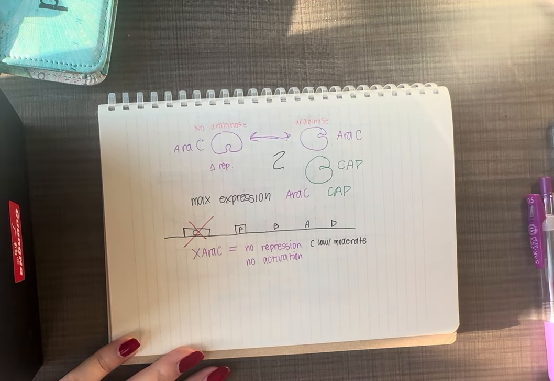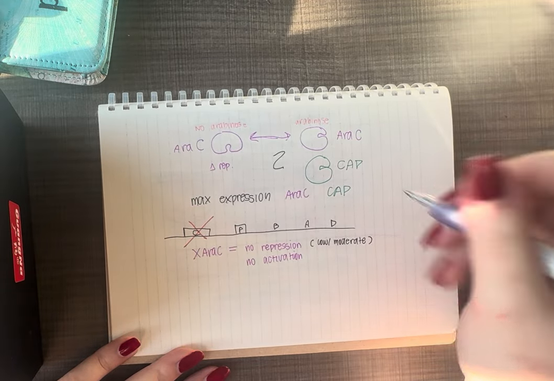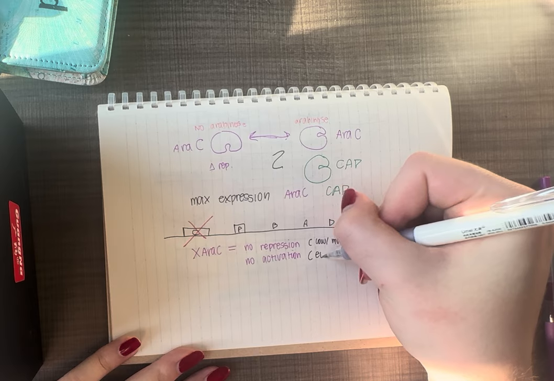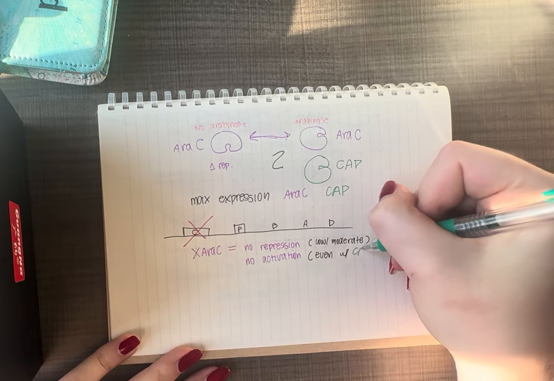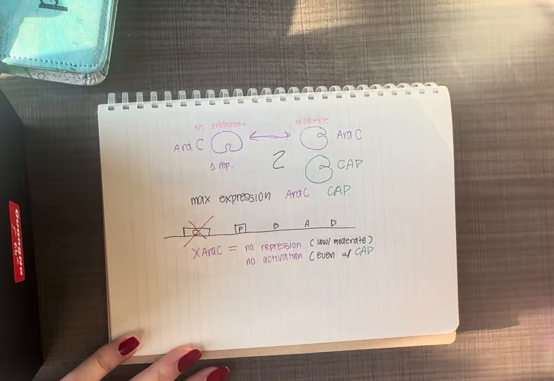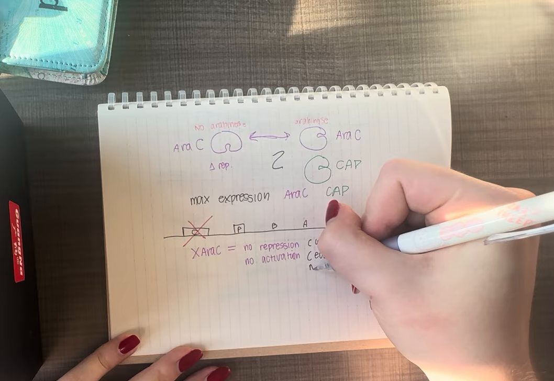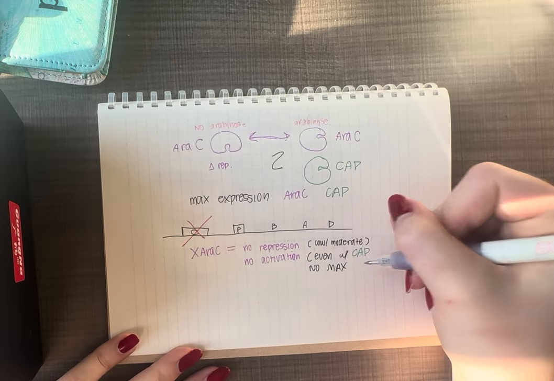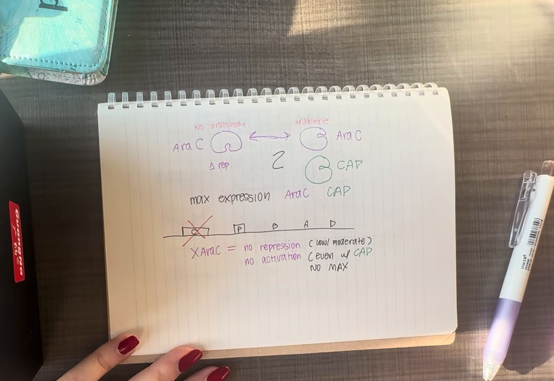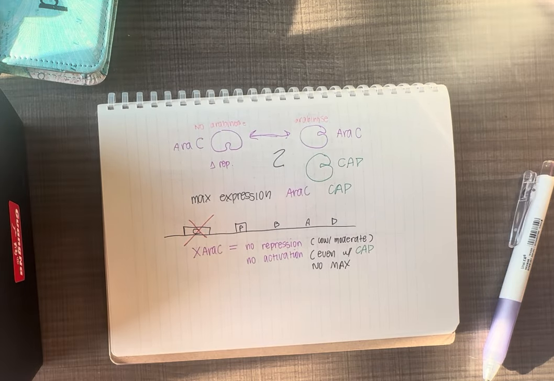So even if you do have CAP present, you are not going to get maximum expression. Because remember what I said, maximum expression is when you have your foot on the gas.